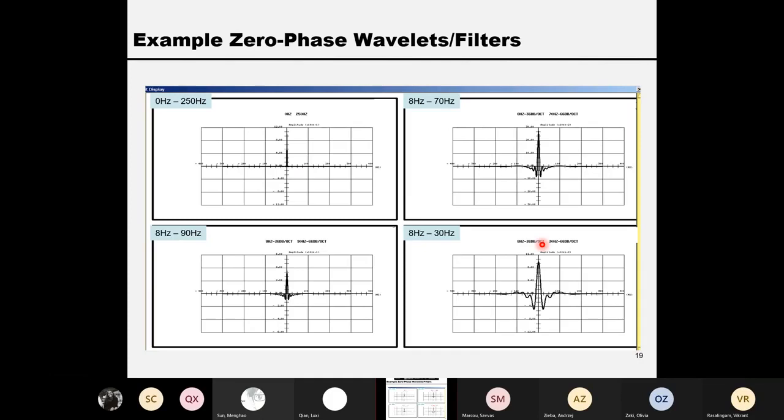In the first session, we're talking about the factors which influence your seismic data. One of the important factors is attenuation, right? Different frequency components have a different rate of attenuation.